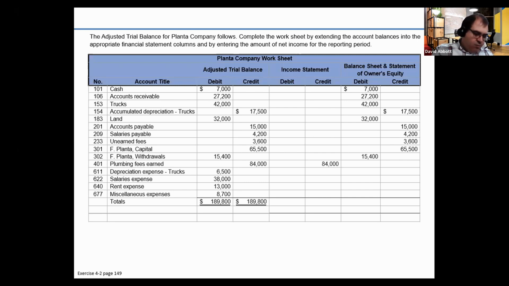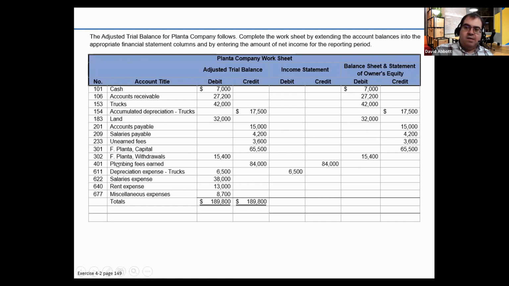So now finally, we're on to the part for the income statement. So plumbing fees earned is a credit, and that goes on the income statement. Depreciation expense, trucks, that's an expense.